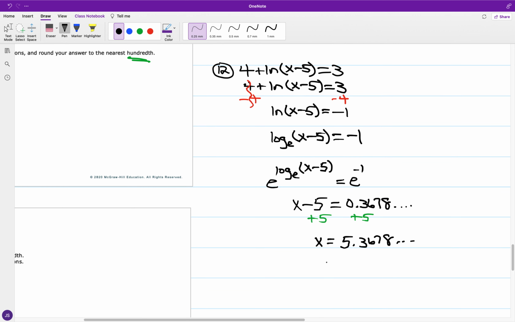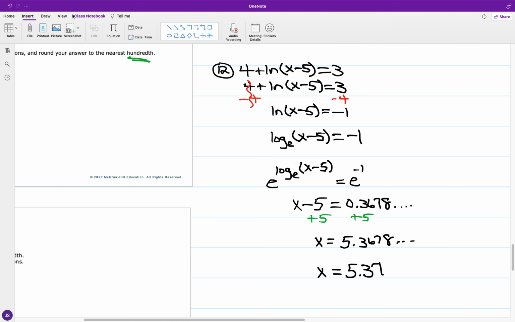We have a 6 in the hundredths place, and the 7 alongside it signals that the 6 is going to round up, and so to the nearest hundredth, x comes out to 5.37.